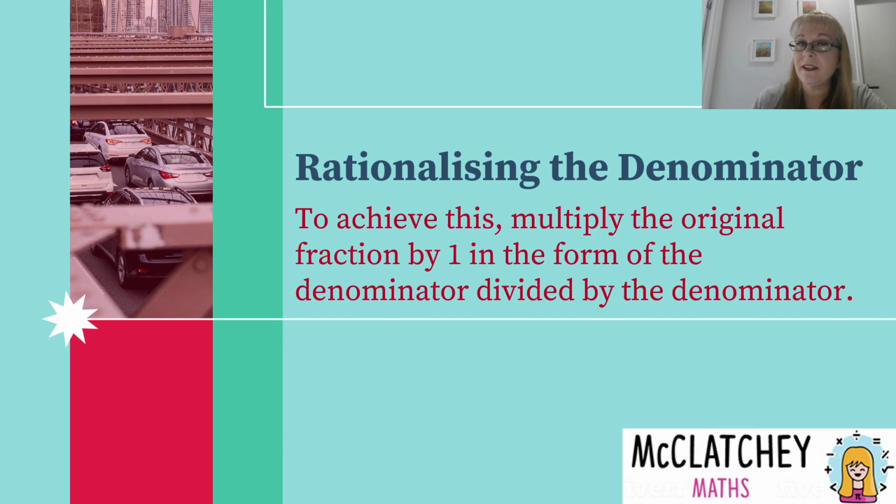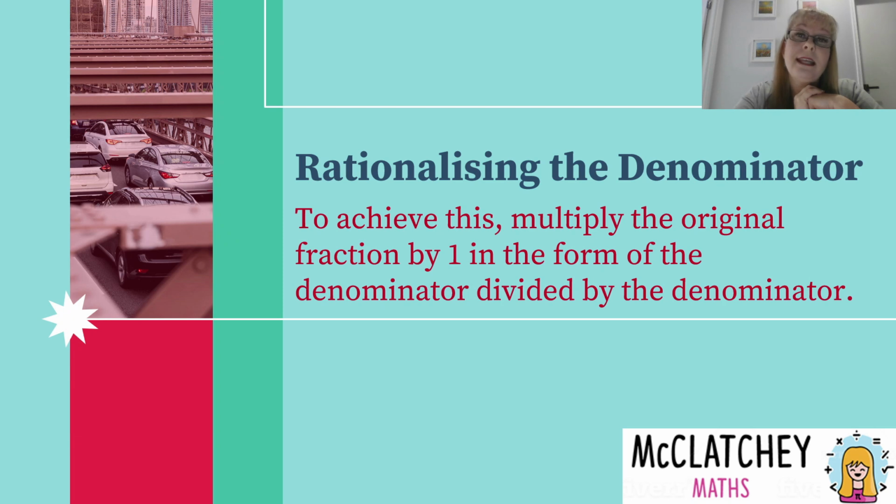So to achieve this, the way we go about it is to multiply the fraction by the number 1. Now, anytime we multiply anything by 1, we get the original result. But we're going to be doing that in the form of the denominator over the denominator. Now, anytime we want to transform a fraction, we can times it by number 1 in a different form. So if I wanted to make an equivalent fraction of a half, I could multiply that by 10 over 10. 10 over 10, or 10 divided by 10, is simply 1.